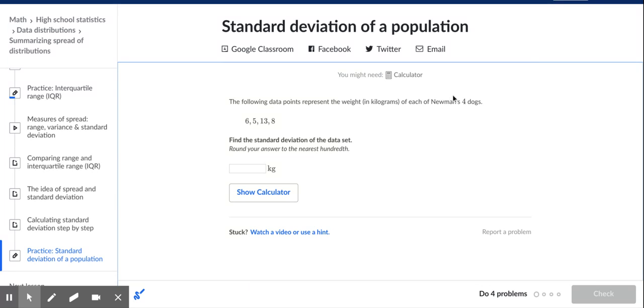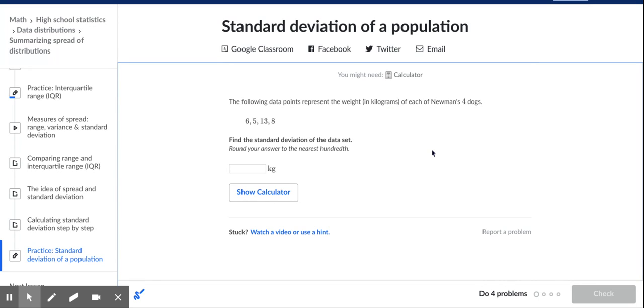If we were looking for the weights of all dogs or the weights of all of a specific breed of dog, for example, like if we wanted to know the standard deviation of the weights of all huskies, for an example.